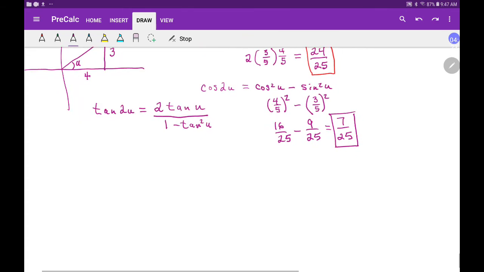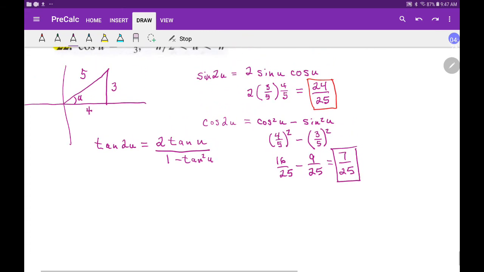All right, so let's see what this is. Well, first of all, what's the tangent of u? Well, the tangent of u is opposite over adjacent, 3 over 4. And then on the bottom we have 1 minus the same thing squared. So 3 over 4 squared. So we have the 2 and the 4 will cancel, right? And I will get 3 over 2 on top.